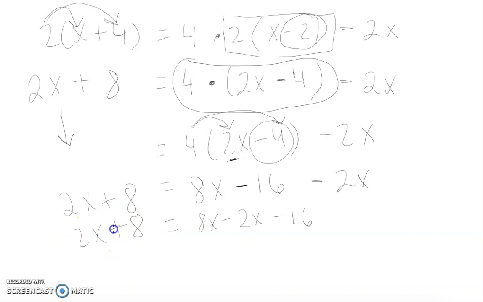Bring it down. So now these are like terms. What's 8 minus 2? It's 6. So 6x minus 16 is equal to 2x plus 8. You just keep bringing down the values. Let me erase this. 2x plus, okay, 1 second.